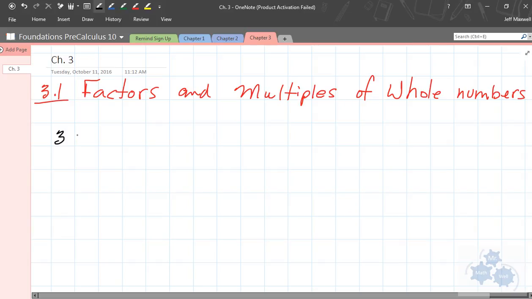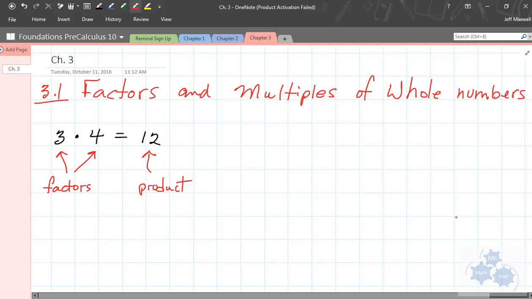So again, here's the example that I gave before. 3 times 4 is 12. The 3 and the 4 are factors. So those are the numbers that are multiplied together. This over here, the result of multiplying the factors, is the product.